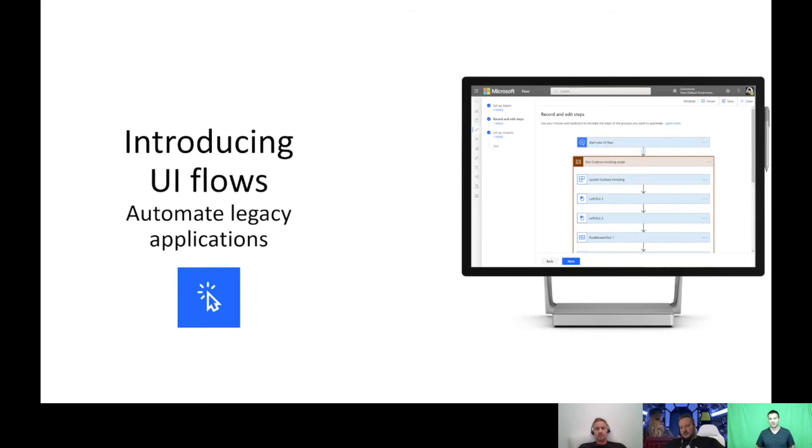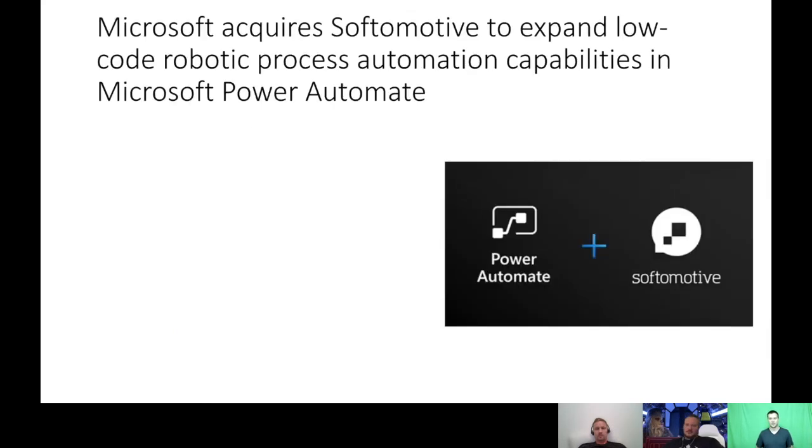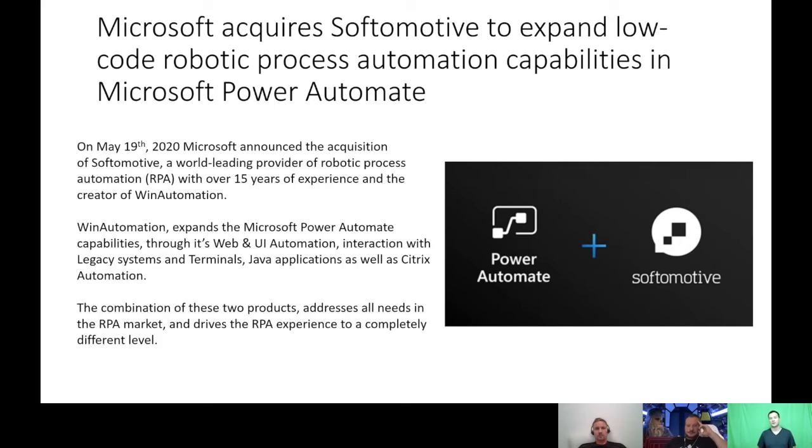But what I also mentioned is that in May 2020, Microsoft announced they had acquired Softomotive, the company behind Win Automation. By including Win Automation code into Microsoft's know-how, they started to build their own enterprise-ready RPA: a single desktop application that joins automation of web and desktop into a single tool.